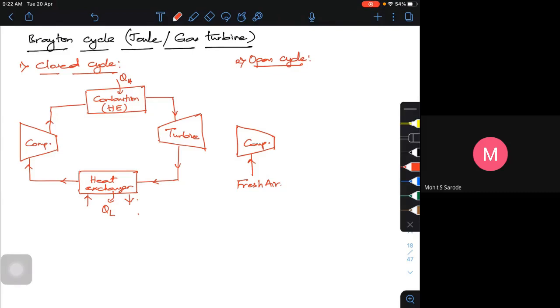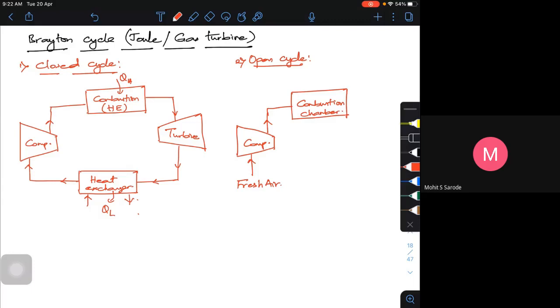The air gets compressed and goes into a combustion chamber. This is not a heat exchanger; it is the actual combustion chamber where your fresh air mixes with the fuel and gets ignited.